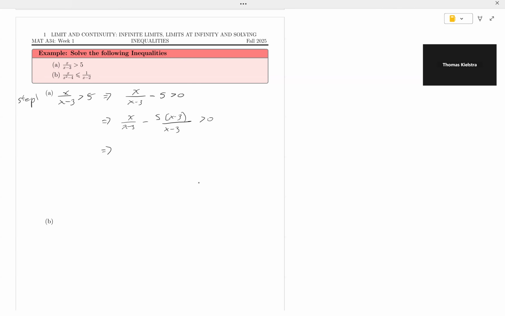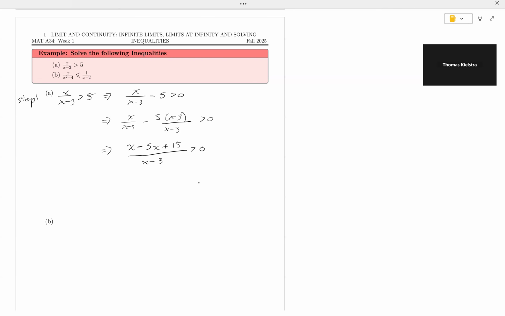which implies that x minus 5x plus 15, all over x minus 3, is greater than 0.